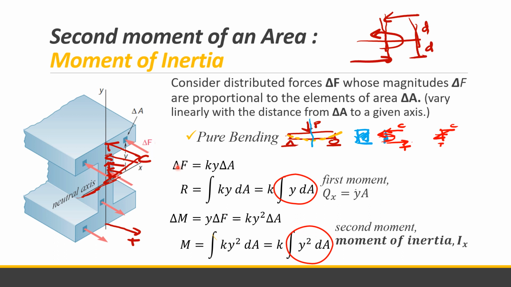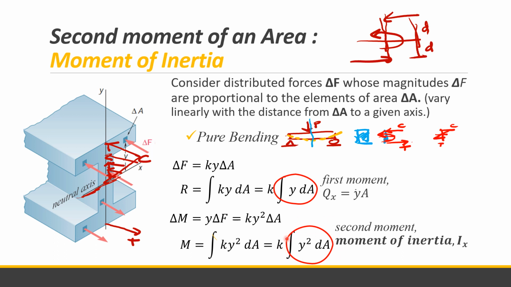So moment of inertia is obtained by multiplying each element of area dA by the square of its distance, that is y squared with respect from the x-axis, and integrating them over the beam section. So since the moment of inertia is y squared, regardless of the value of y, moment of inertia will always be positive.